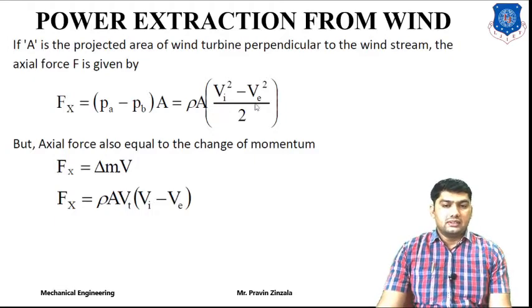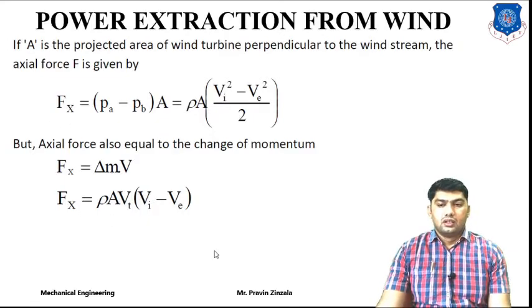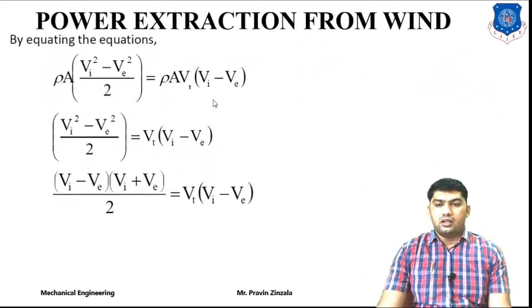So we can also say that rho A (Vi square minus Ve square) by 2 is equal to rho A Vt (Vi minus Ve). By comparing both equations, we get the final equation: force is equal to rho A (Vi square minus Ve square) by 2, which is equal to the change of momentum, meaning rho A Vt (Vi minus Ve).